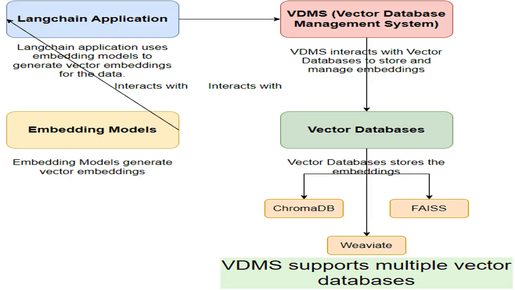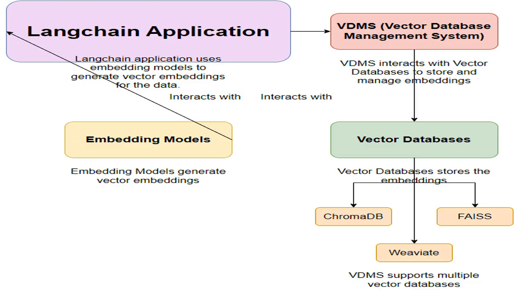VDMS provides a unified interface to interact with different vector databases. This enables the selection of the most suitable database for a specific application without requiring significant code changes. It's like having a universal remote for different vector databases. LangChain applications are applications built using the LangChain framework. This framework simplifies the development of applications powered by large language models by integrating various tools and components.